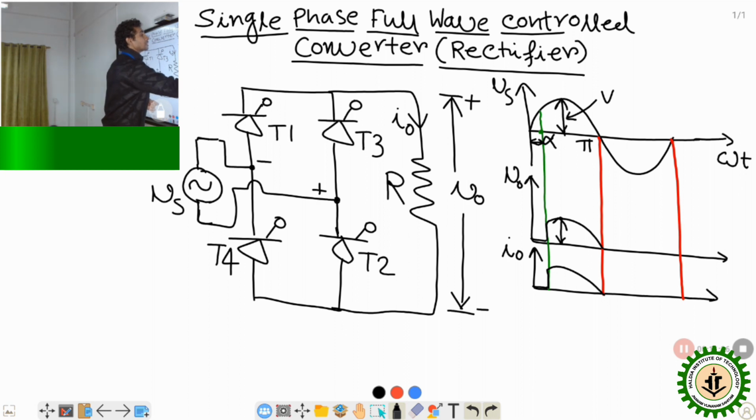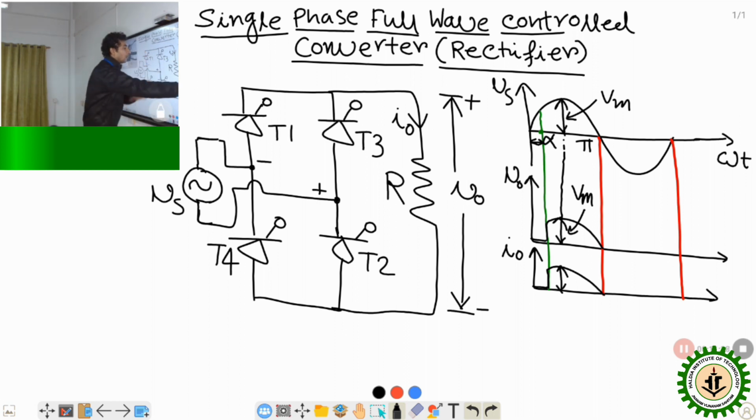Taking this one as 90 degrees, here also the peak will be Vm because the supply voltage appears at the output in this time. So peak is the same. For current, the peak will be peak voltage divided by resistance, so here the peak will be Vm divided by R.